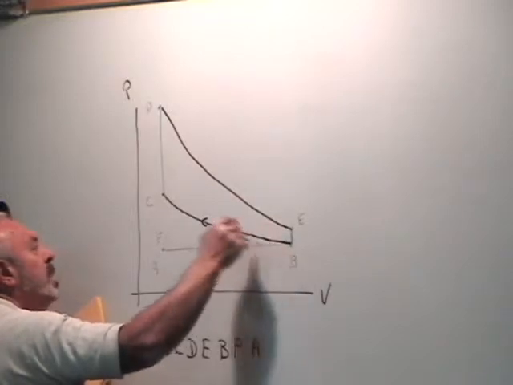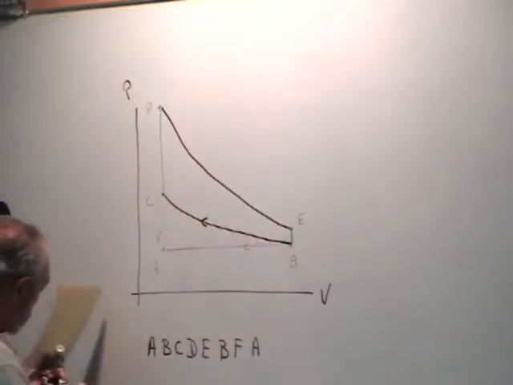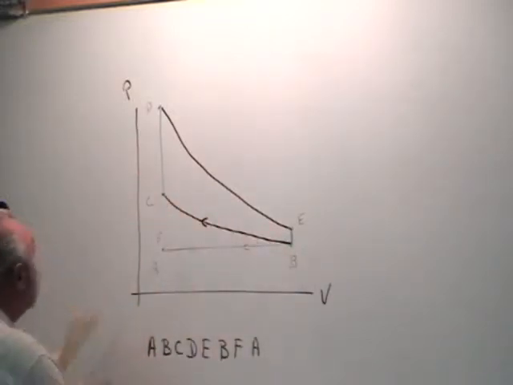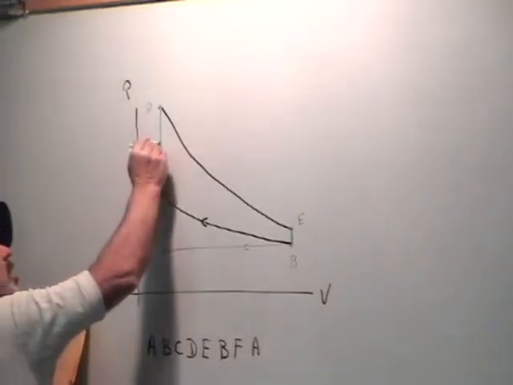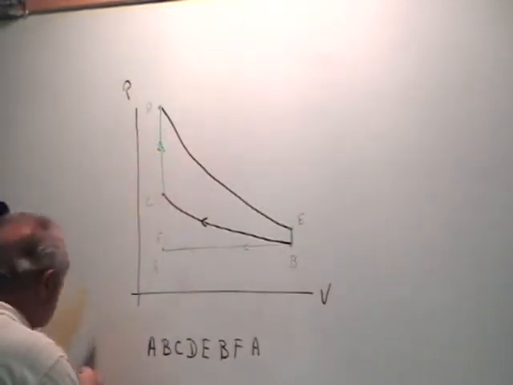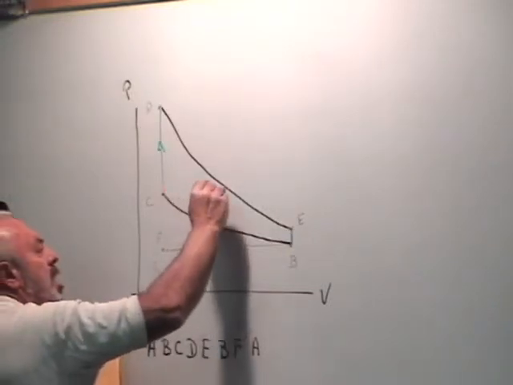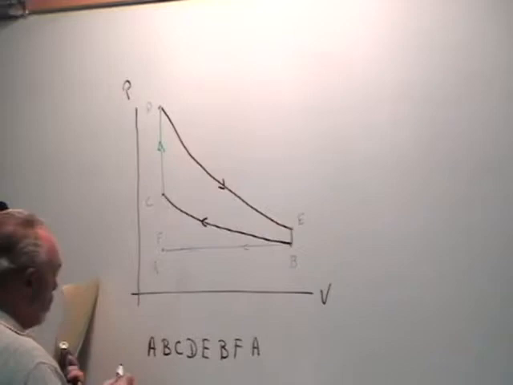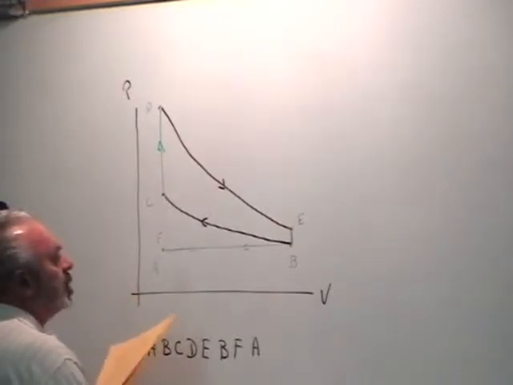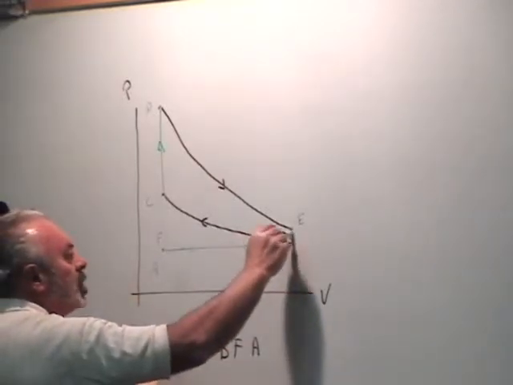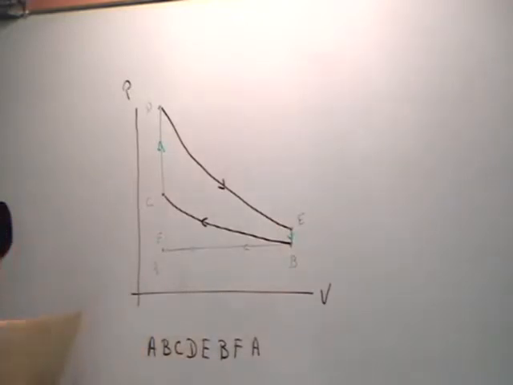So the B to C was an adiabatic compression, C to D, an isochoric increase in pressure, then D to E, adiabatic expansion, E to B, isochoric again, isochoric drop, and then back again. So there's the system like this. That's the Otto cycle.